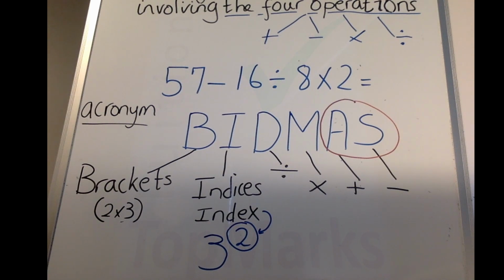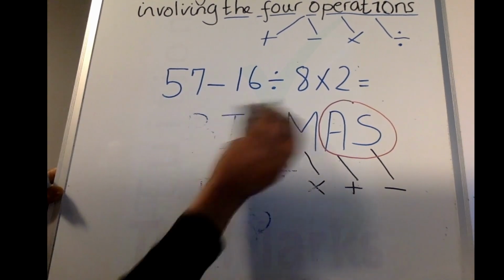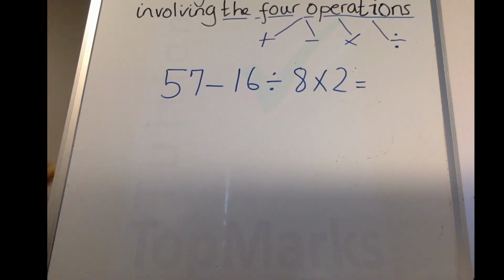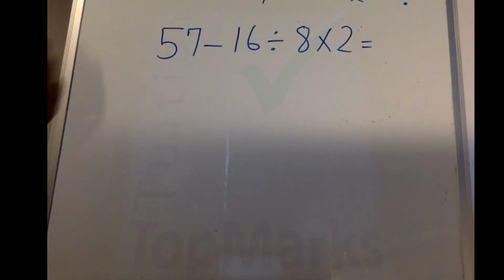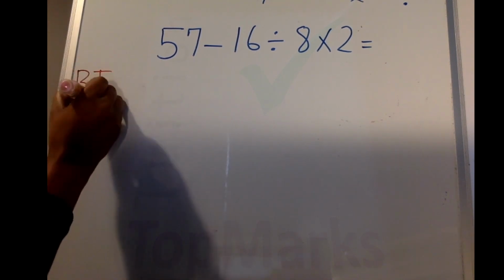Let's have a go at this calculation now. So I'm just going to get rid of this. Okay, but what I'm going to do, just to help us, is I'm going to write BIDMAS just here, just to remind us.